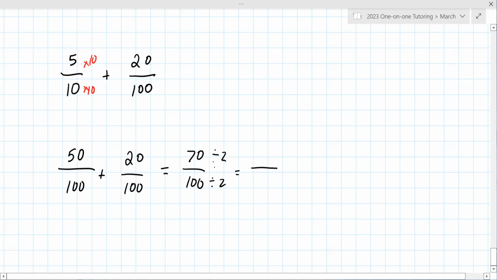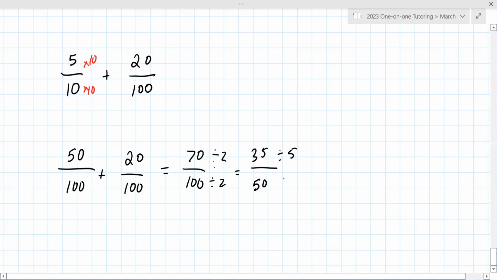Can you tell me what 70 divided by 2 is? 35 over 50.